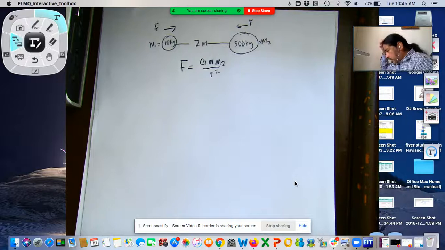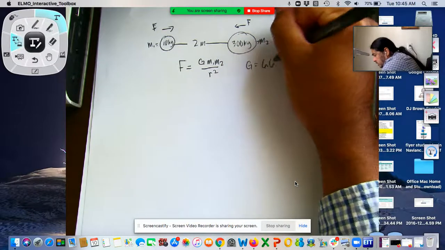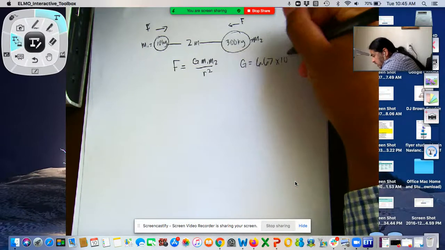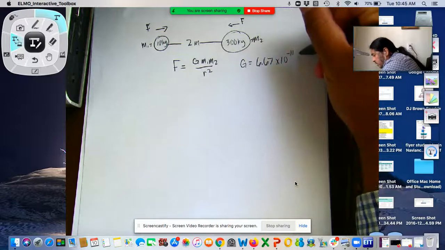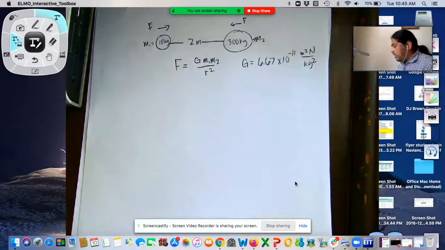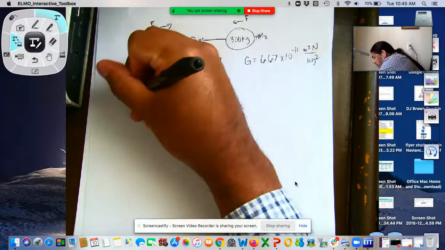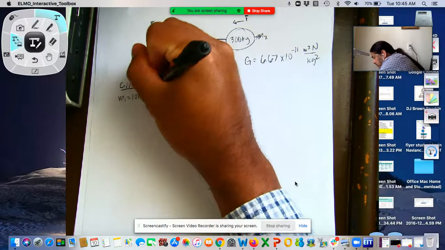Okay. And let's go ahead and just start putting stuff in. You should just know that big G is 6.67 times 10 to the negative 11 meters squared newtons over kilograms squared. Okay. Let's go ahead. Given we know that mass 1 is 10 kilograms.